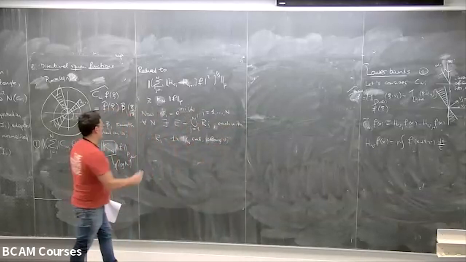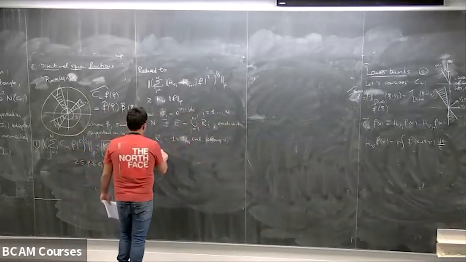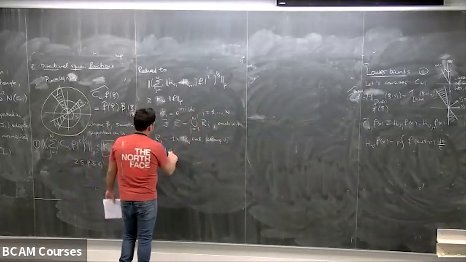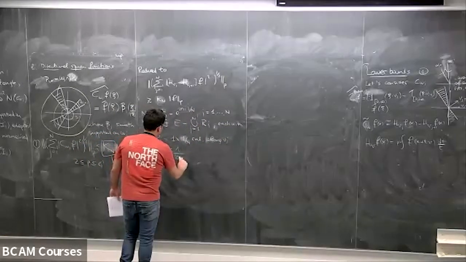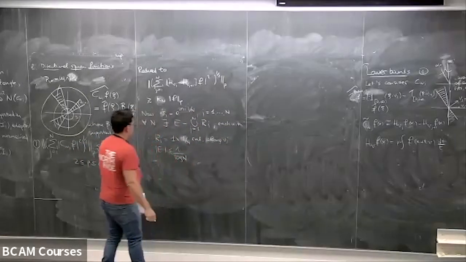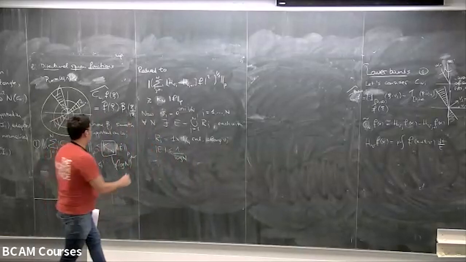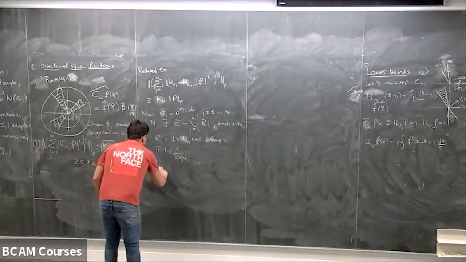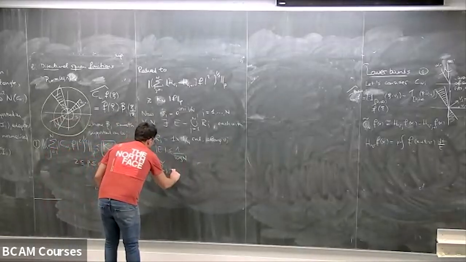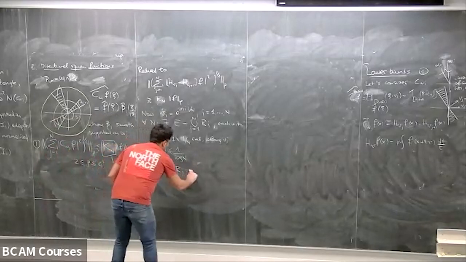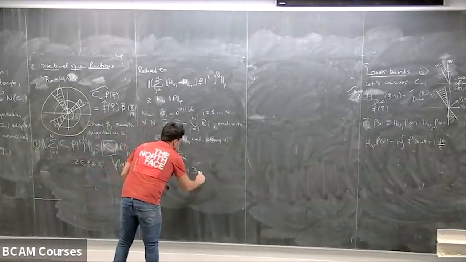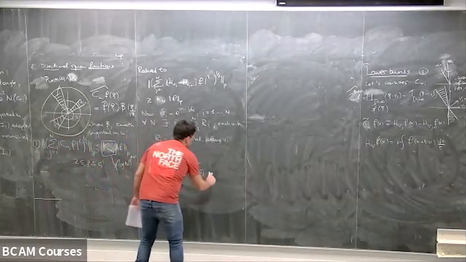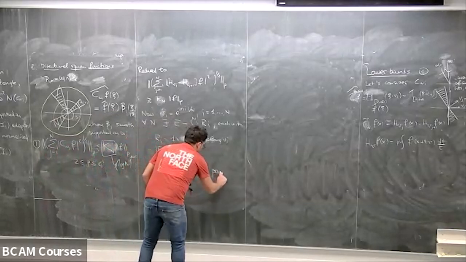The measure of E is less than 1 over log n. And if I translate Rj by 3 units along Vj, these translates are pairwise disjoint.